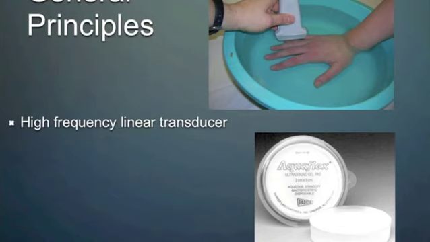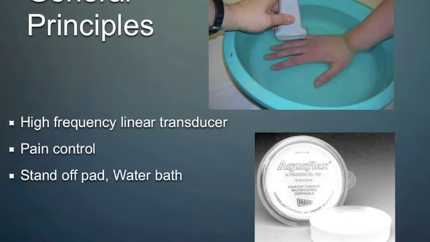We can dunk the hand or the body part here seen in the water, and that's very helpful because if you use cold water, it also helps with pain control, and you no longer have to press the transducer right onto the painful digit.